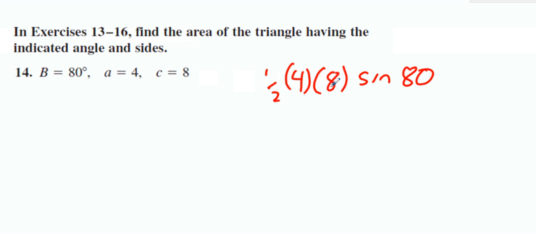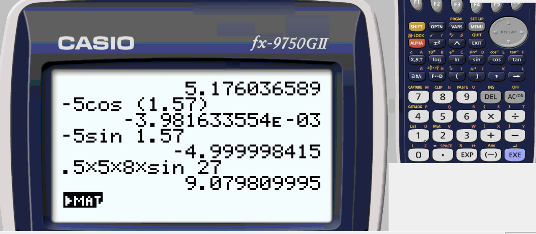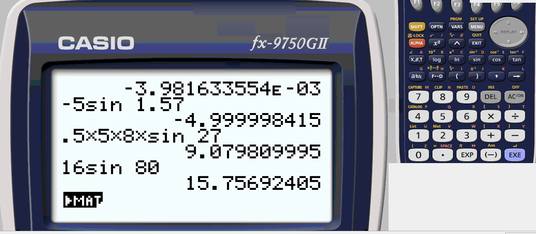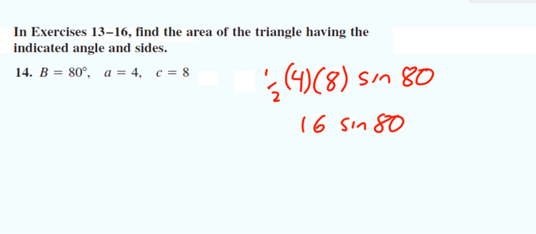So that's 16 times sine 80. 15.757. Again, there's no units written, so units squared.